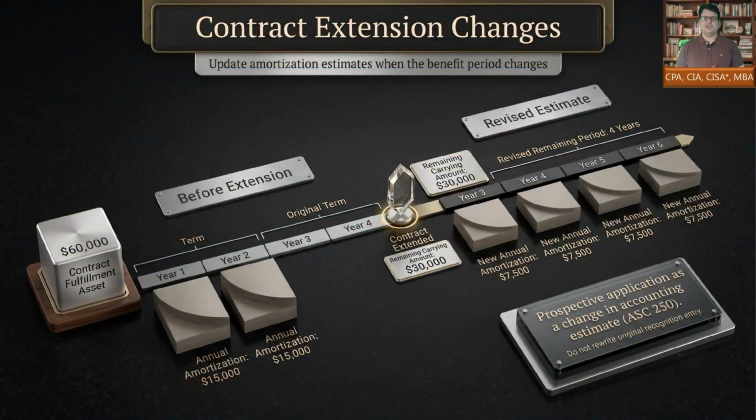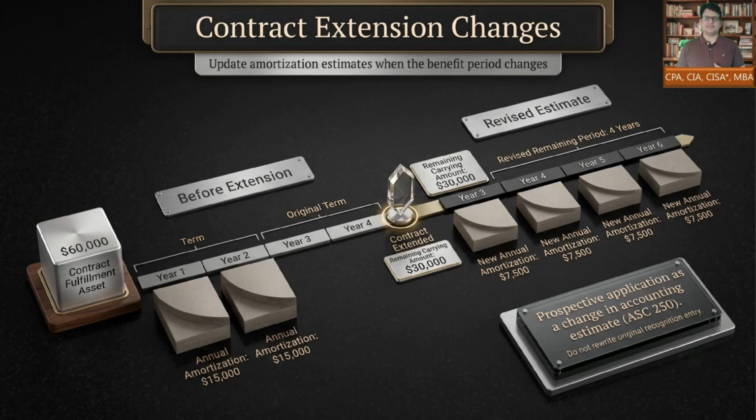Contract extensions can change the amortization estimate. Suppose a $60,000 fulfillment asset was originally amortized over 4 years. Annual amortization is $15,000. After 2 years, $30,000 has been amortized, leaving a carrying amount of $30,000.